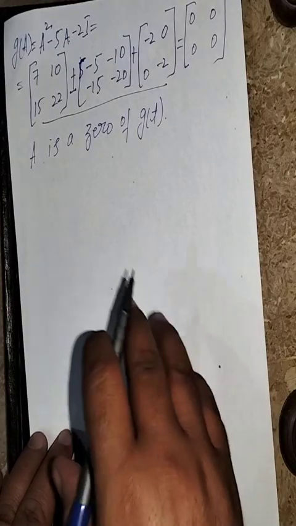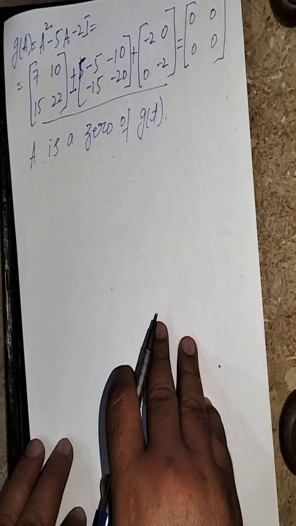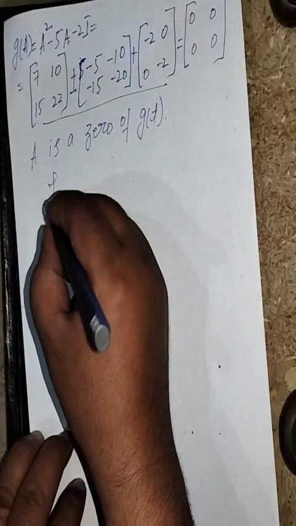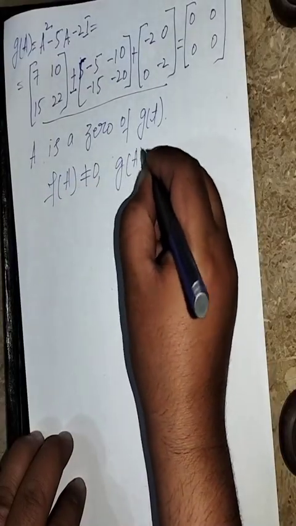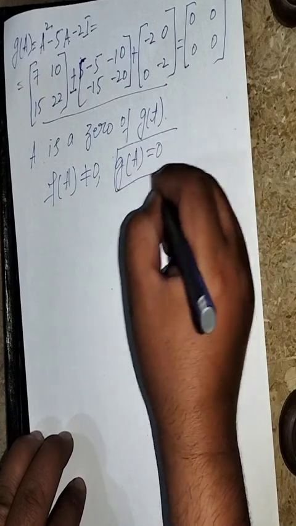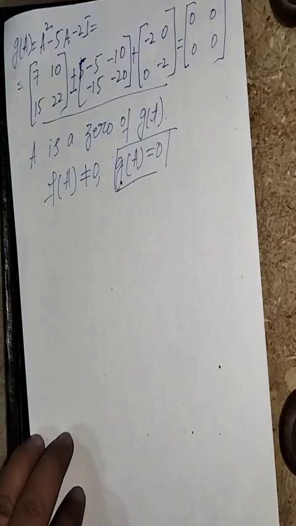So we put A in both polynomials, and we saw that f of A isn't equal to 0 but g of A equals 0. So you can say that A is the root of the polynomial g.